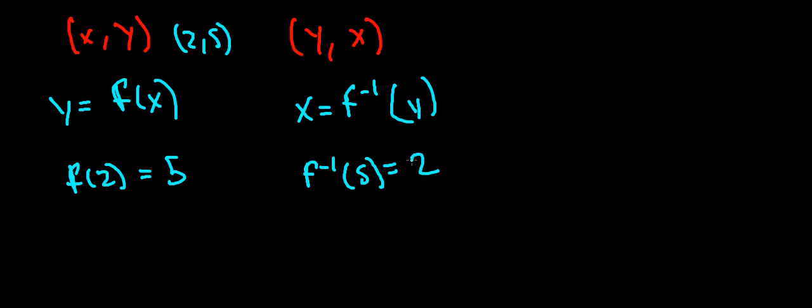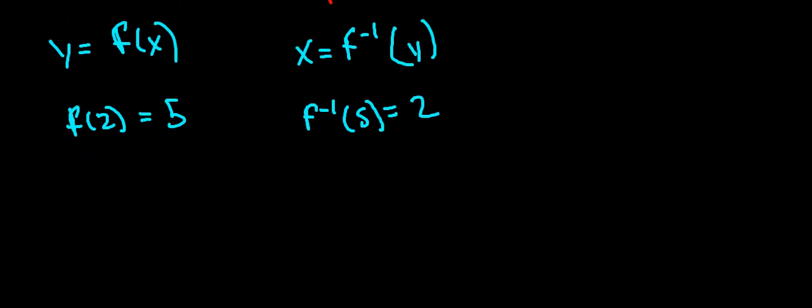So what I'm doing is I'm taking my y value and then I'm solving for the x value. So I'm doing the opposite. Instead of having an x and solving for a y, we have a y and we're solving for an x. So essentially, like I said earlier, what the inverse function does is it undoes what a regular function does. A regular function does something, the inverse function undoes that.